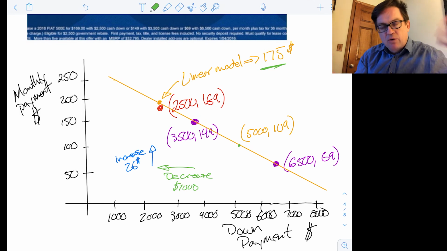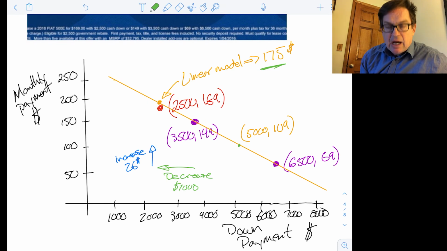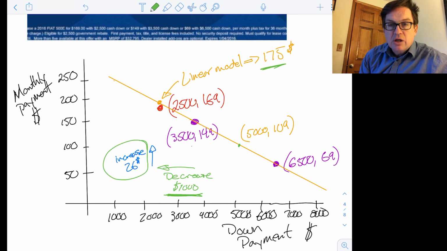I don't know why Fiat chose to have those values, but our linear relationship says that from our starting point of 3,500, if we decrease the down payment by 1,000, we should go up by about 26 in our monthly payment, because every time we increase our down payment by 1,000, we should decrease the monthly payment.